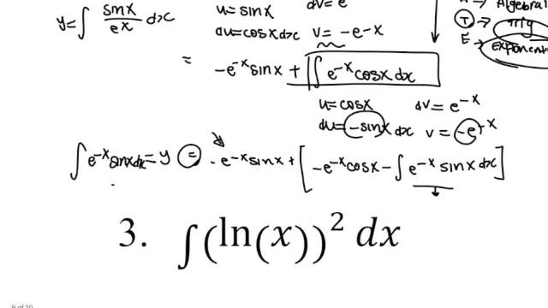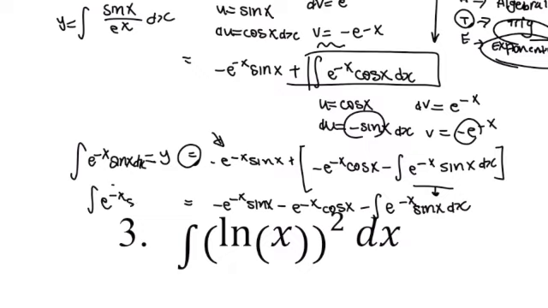All right, so equals negative e to the negative x sine x, and then negative e to the negative x cosine x, and then minus the integral of e to the negative x sine x dx, okay? And then that's equal to the integral of e to the negative x sine x dx itself.